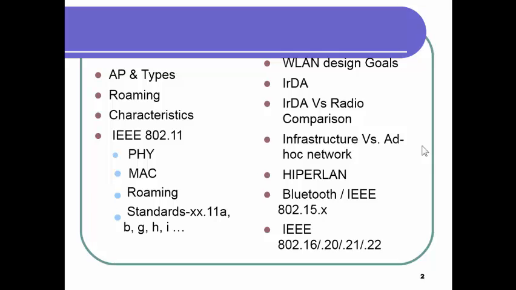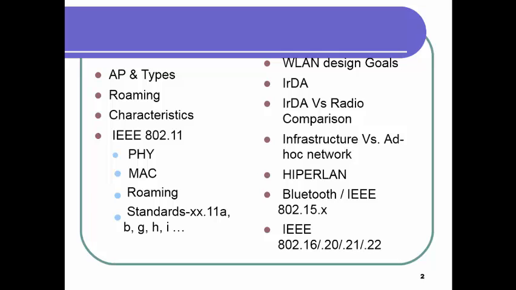Then wireless LAN design goals, IrDA, infrared based wireless communication, and the comparison between the infrared network and the wireless network which is working on radio wave.